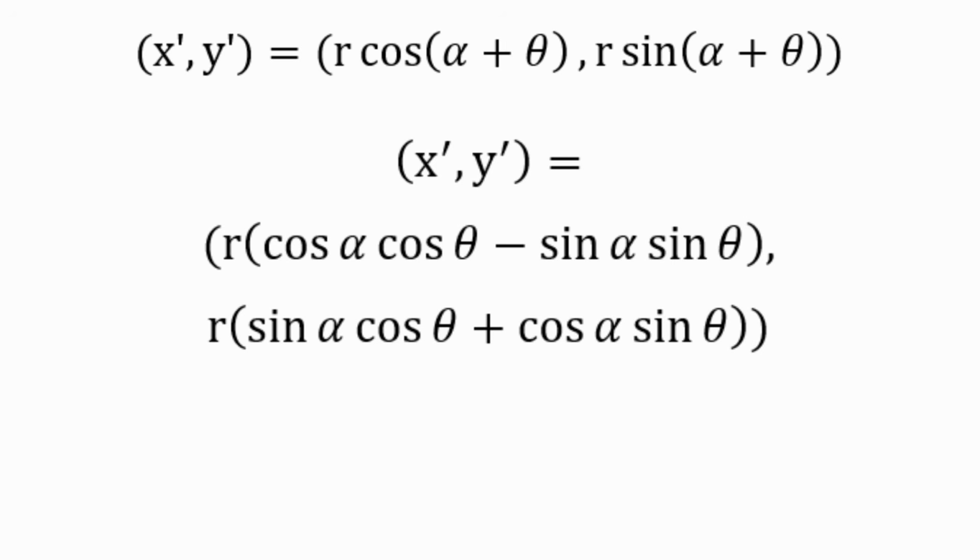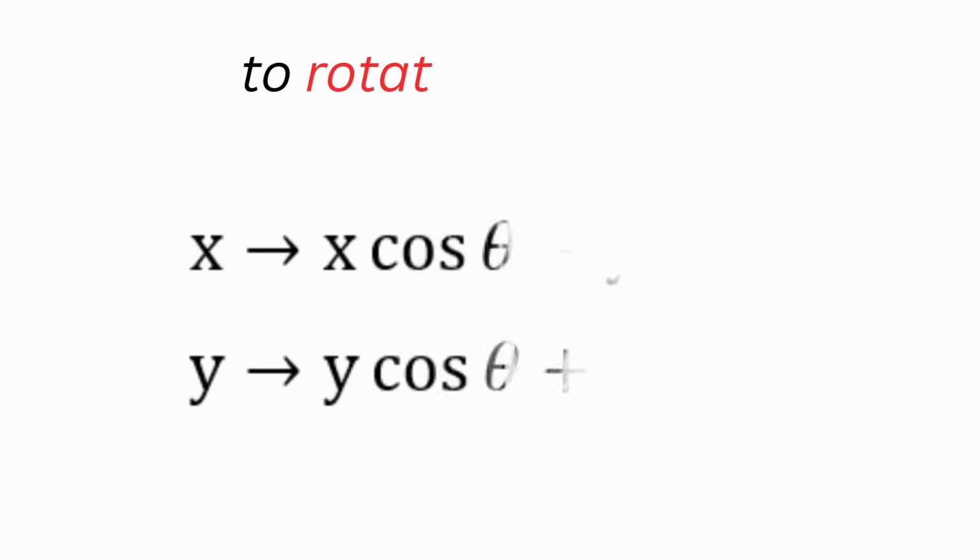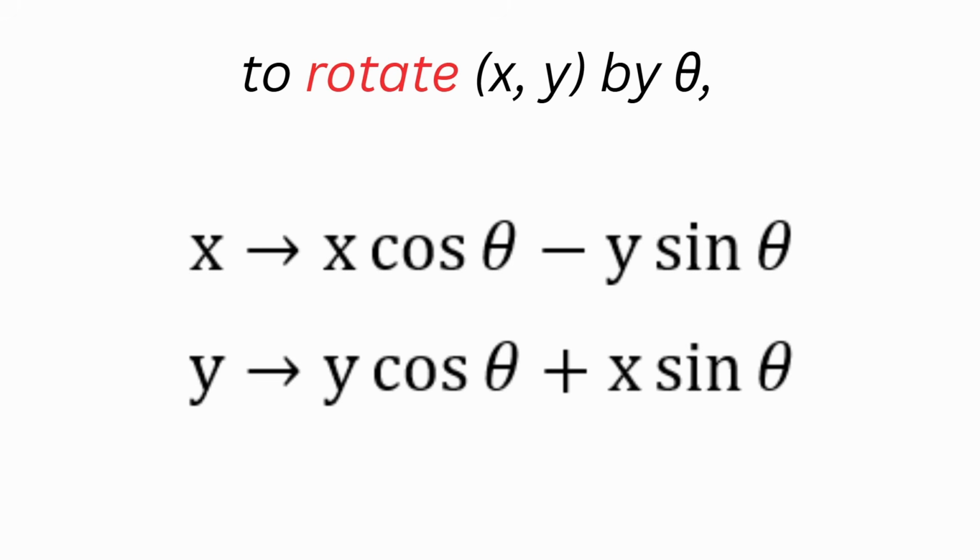And when we distribute r, note how we can substitute x and y for r cosine of alpha and r sine of alpha. And so we get that a point x, y rotated by an angle theta has these coordinates, all in terms of x and theta and some trigonometric functions. How cool is that? We are able to describe a rotation in the plane, all thanks to our trig identities.